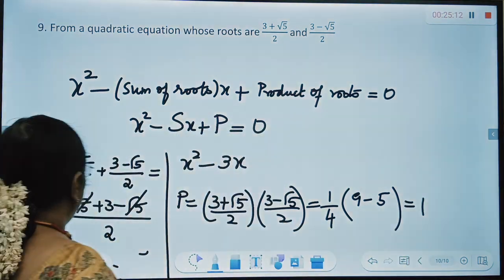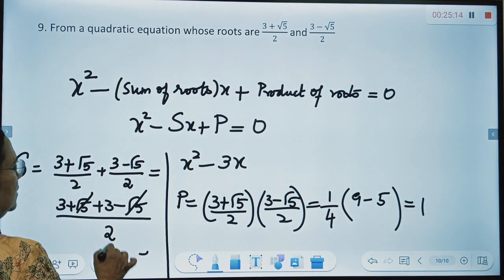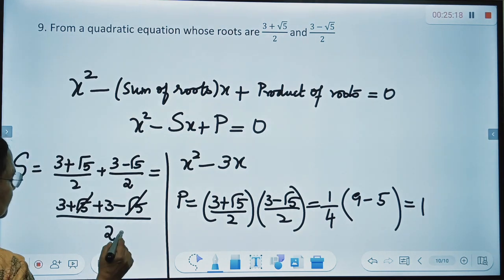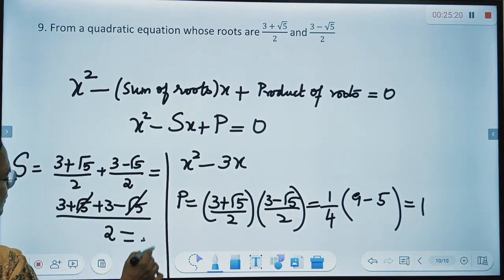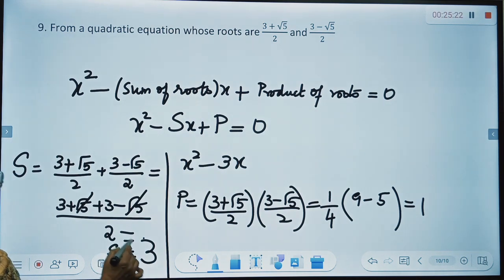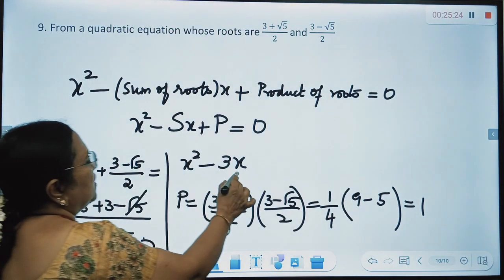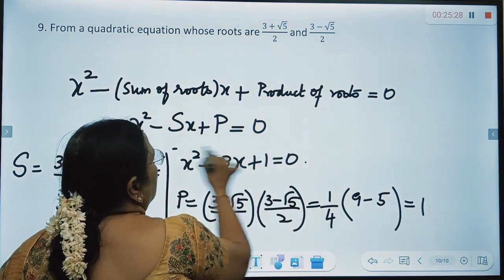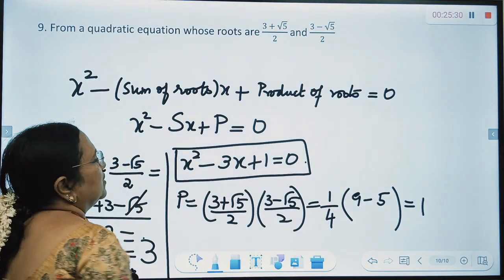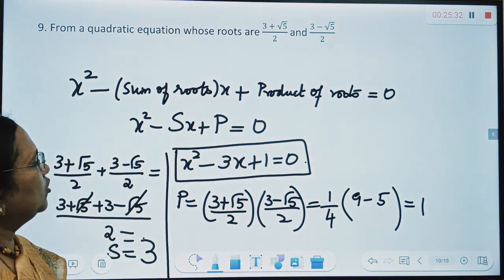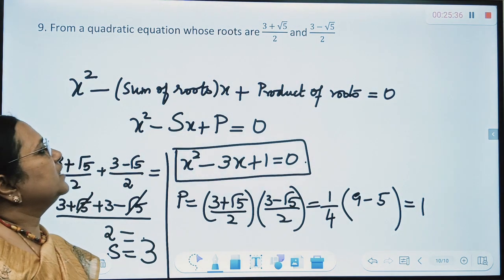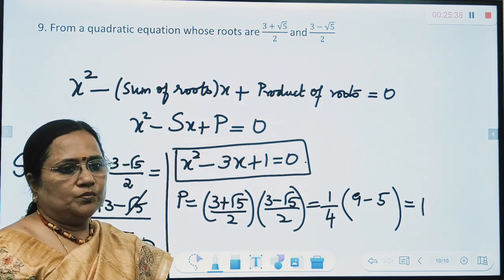So product is 1, sum is 6 by 2, which is 3. So minus 3x plus 1 equal to 0. So this is the quadratic equation. X square minus 3x plus 1 equal to 0. The roots are given by 3 plus root 5 by 2 and 3 minus root 5 by 2.